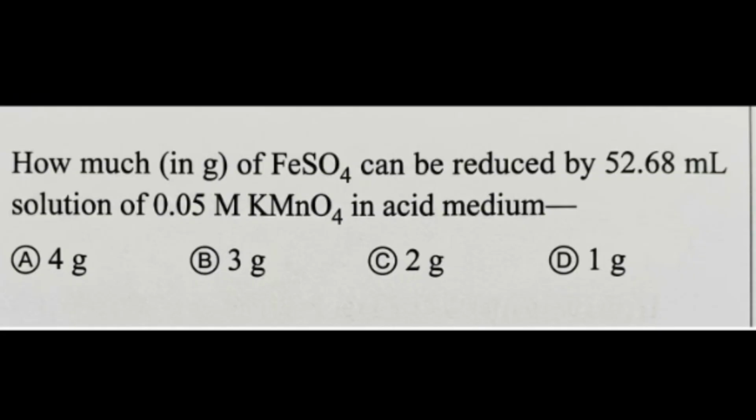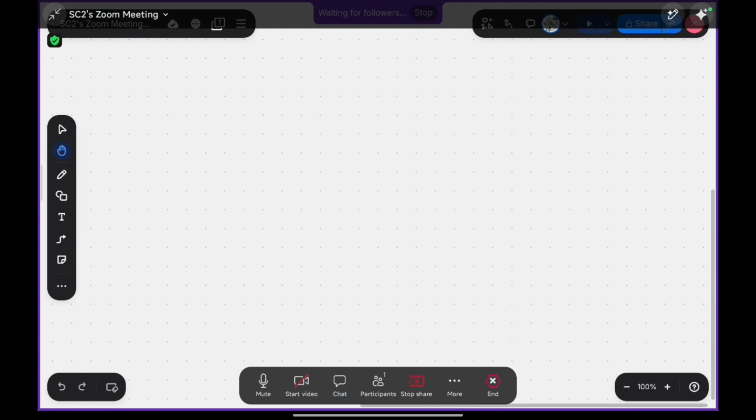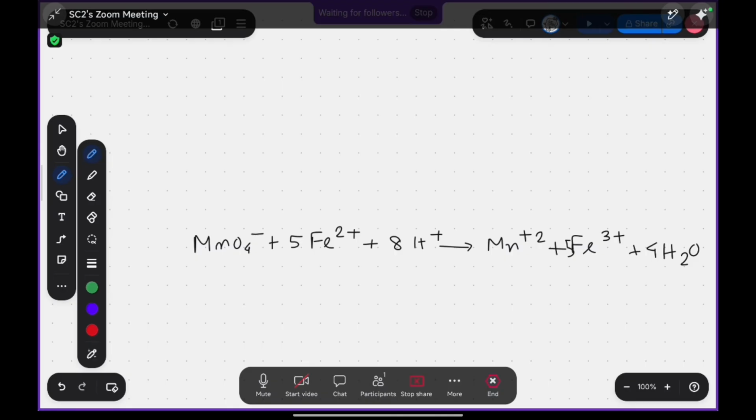For this question, the balanced reaction is MnO4 minus, because we are using permanganate, plus 5 Fe2 plus, plus 8H plus, arrow Mn2 plus plus 5 Fe3 plus plus 4H2O. So this is the balanced reaction for the sum that is given to you.